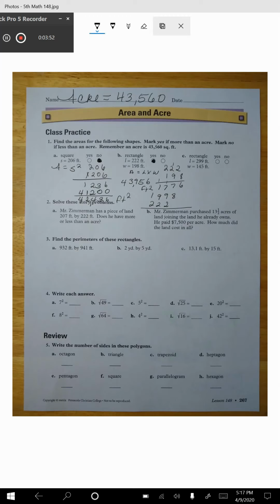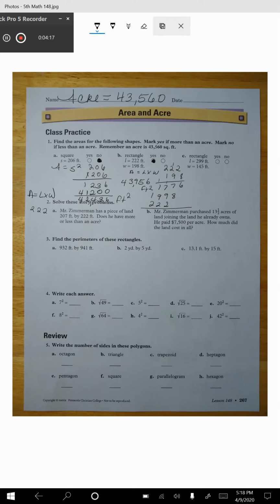This is pretty easy, so I'm going to let you do that last one on your own. Let's look at the story problems. Mr. Zimmerman has a piece of land that's 207 feet by 222 feet. Does he have more or less than an acre? All right, so we're going to do the area of it, right? We'll do the length times the width.